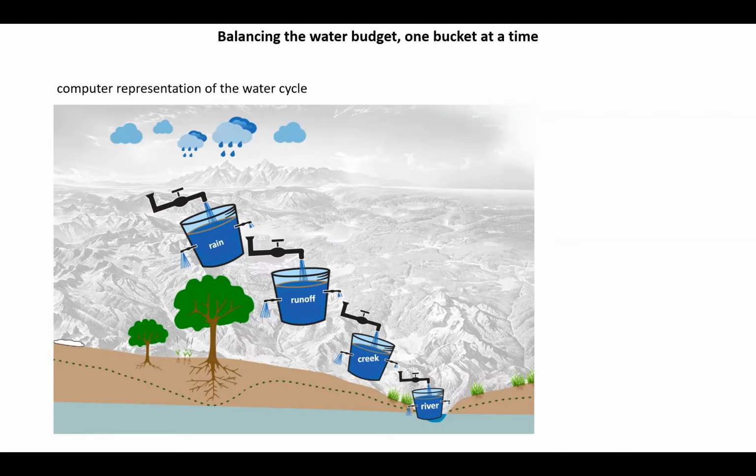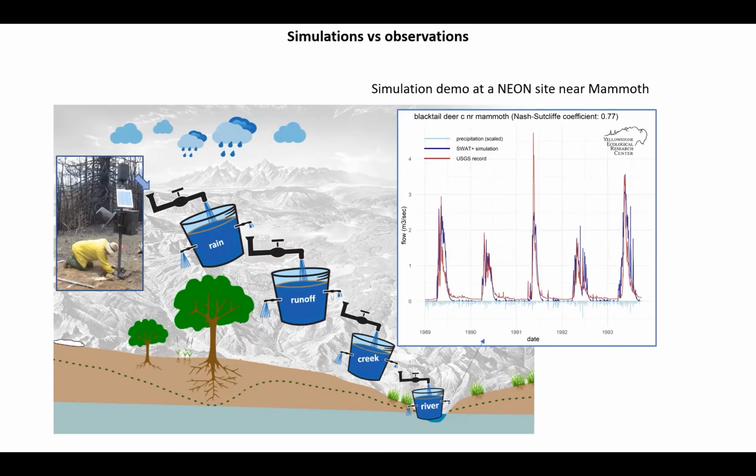Using this model, we end up with a kind of SimCity for rivers where we can lay out the river network that we see and turn the crank and find out exactly how much water has moved into which buckets. So here's a little demo of the output of a model like this. This is at Blacktail Deer Creek, which is a NEON site near Mammoth.